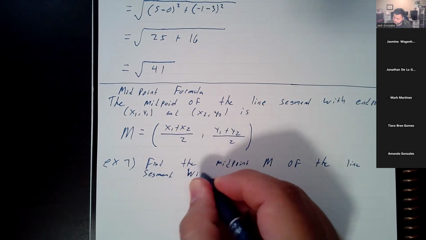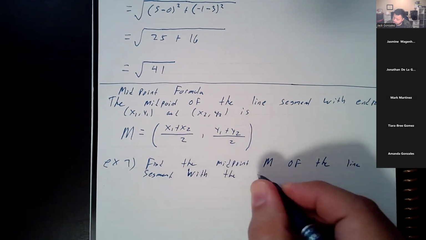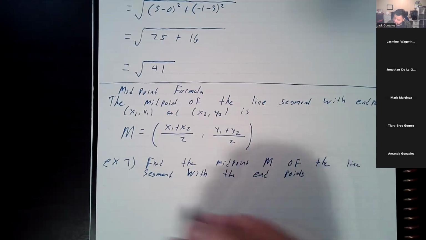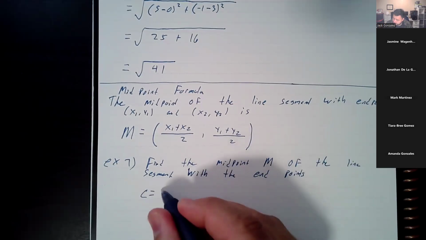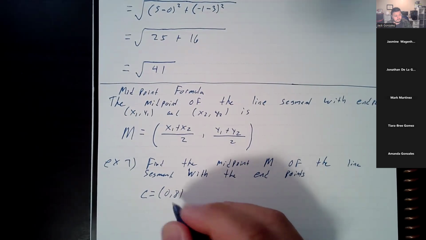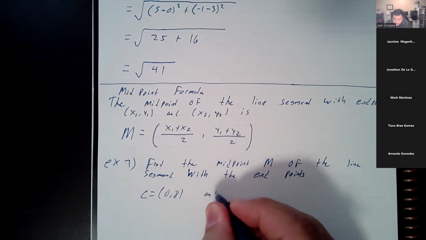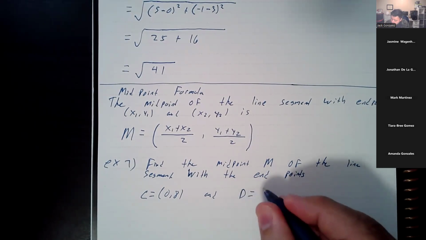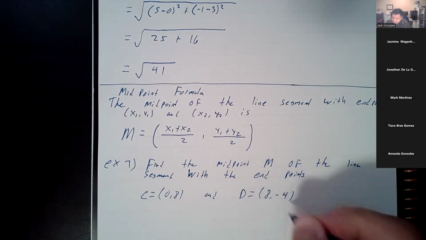We'll say with the endpoints C equal to 0, 8 and D equal to 8, -4.